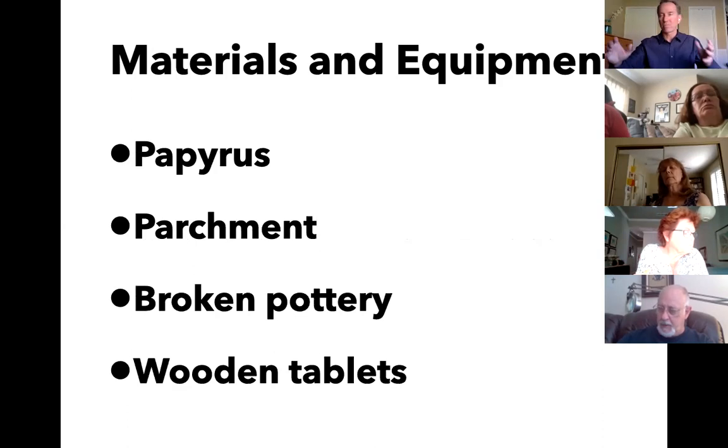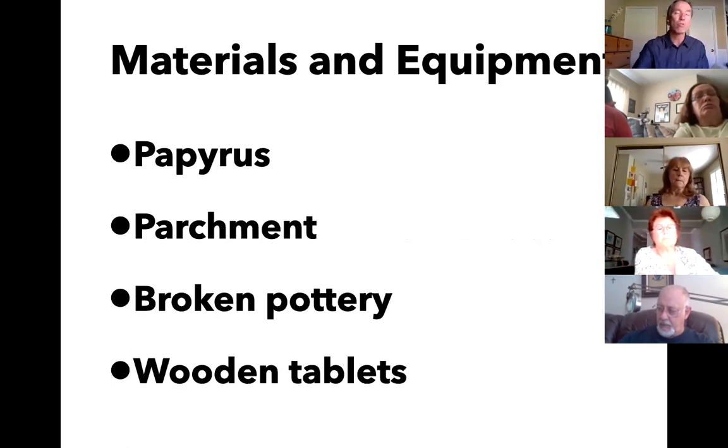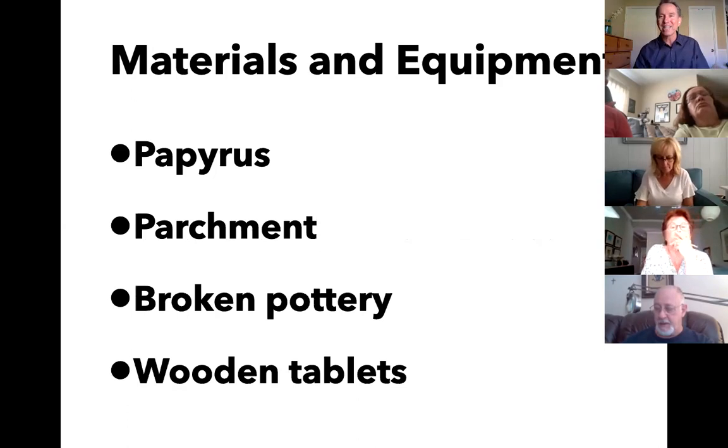So they would take their writing instrument, the reed and the quill, dip it in the ink, which was made of charcoal, gum, and water, and then they would write on the papyrus, they would write on the parchment, they would write on the broken pottery or the wooden tablets, whatever resource they had to write on. So that's essentially how this was transcribed.